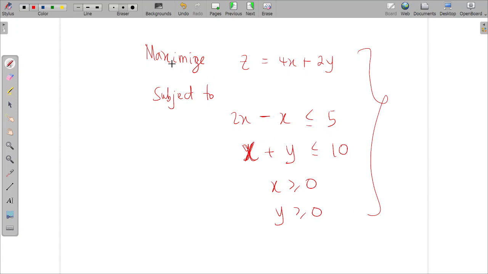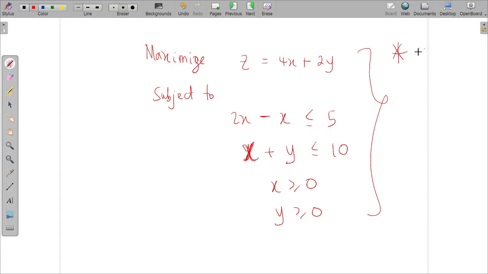Sometimes you are given this formulation and you are asked to find the solution. That is fine. That is easy to do, so to say. But the meat of linear programming is you finding this formulation yourself, formulating this linear programming yourself from the word problem.